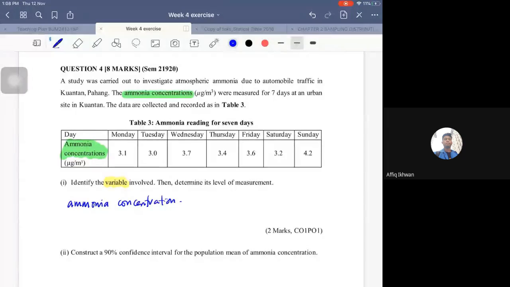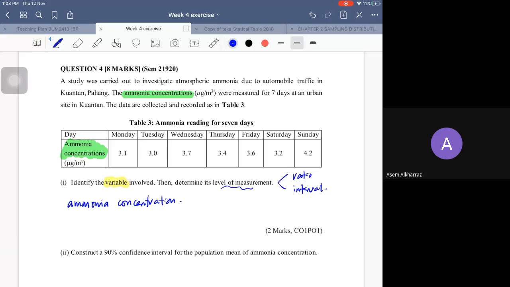Then the question asks us to determine its level of measurement. Remember, we have 4 levels of measurement: nominal, ordinal, interval, and ratio. In this case, our data is quantitative data, a continuous number. It could either be ratio or interval. Which one is it?